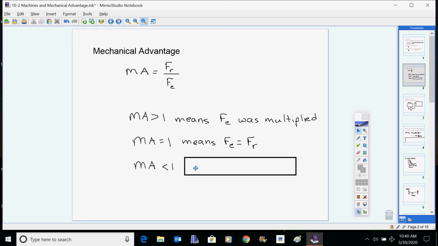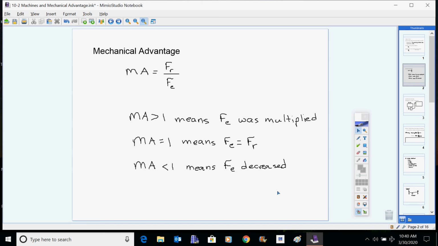If the mechanical advantage is less than 1, it means that you lost some of the force. The force decreased, which, as I said in the case of the baseball bat, the force decreased, but you're exchanging that for distance. Same thing with a wheelchair ramp.